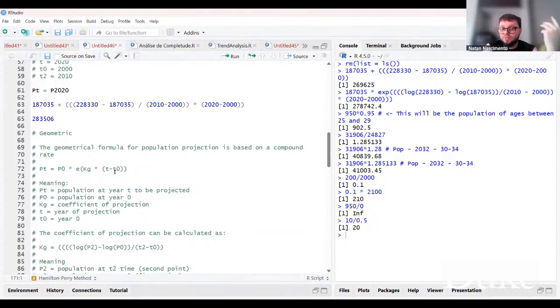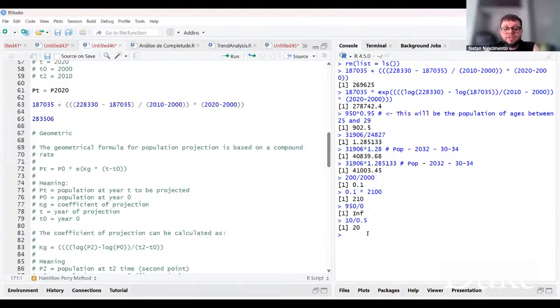So we can do two things. First, we create a mock coefficient that will give us a number to divide by.